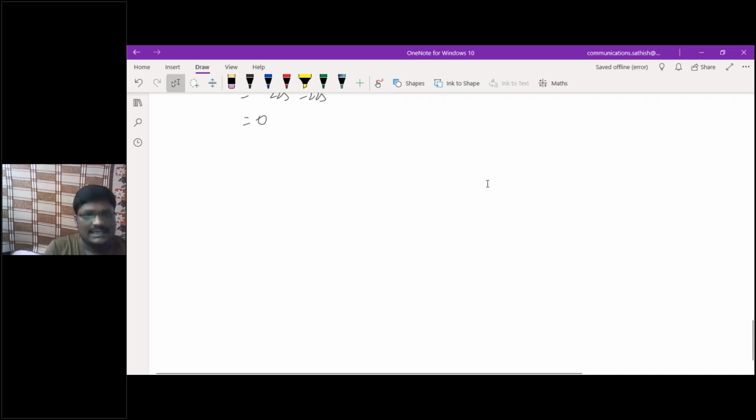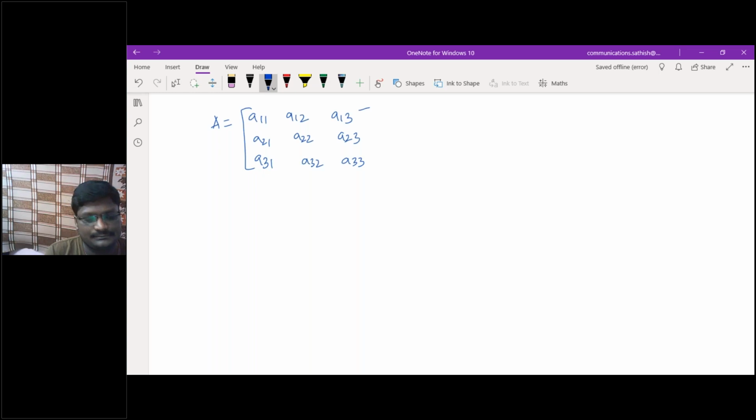I'm just taking a third order matrix. The shortcut for that. Let me take the third order matrix, which is A11, A12, A13, A21, A22, A23. Similarly, A31, A32, A33 will be there.